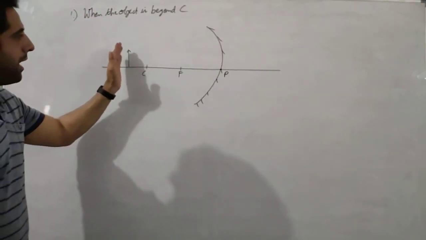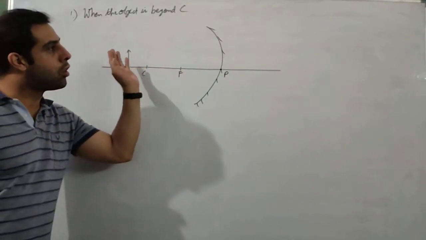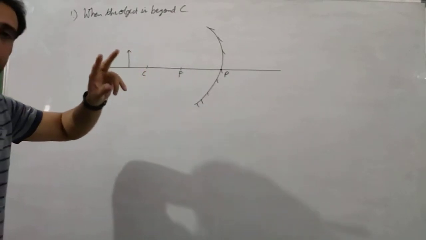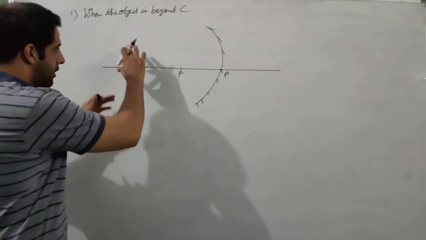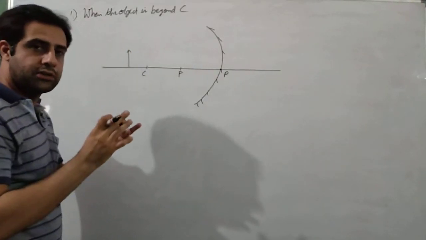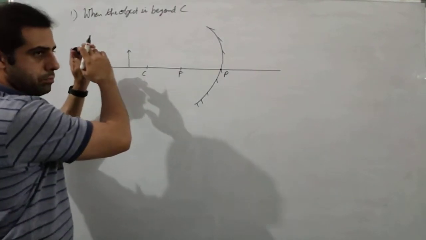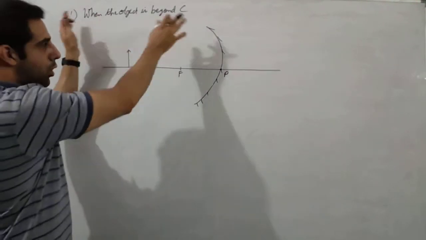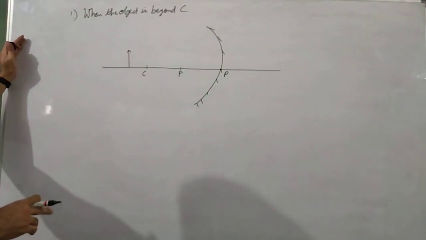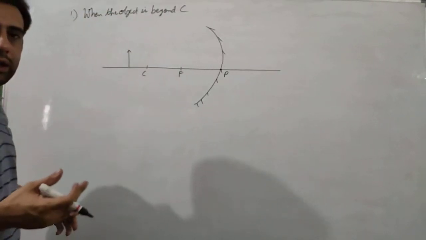Now, many light rays will go towards the mirror to get reflected, but we cannot draw all the light rays. There are infinite numbers of light rays. We are going to use only 2 light rays. Now, suppose this is a candle, then it is a luminous object. It will create light rays of its own, and it will shoot those light rays in all directions, everywhere. But the light rays that are going in this direction are useless to us. Even the light rays going up and down are useless to us.